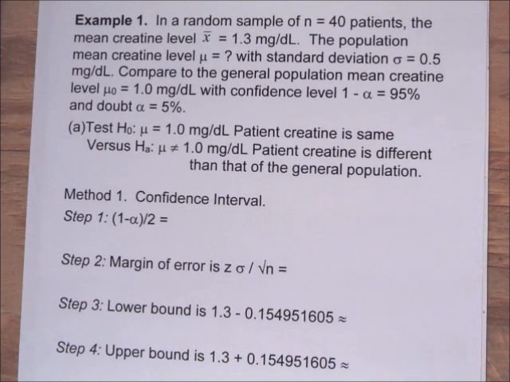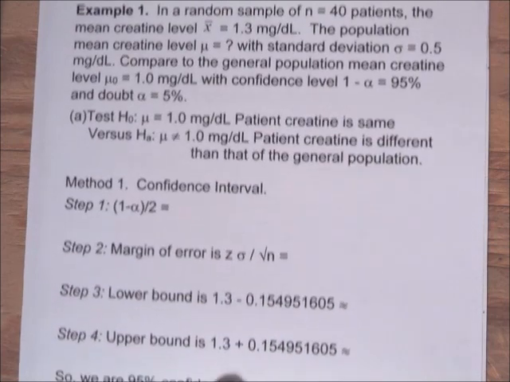The population mean creatine level is unknown, but the standard deviation sigma is 0.5 milligrams per deciliter. We want to compare it to the general population, where the mean creatine level is 1.0 milligrams per deciliter, and we want to test this with 95% confidence or 5% doubt.